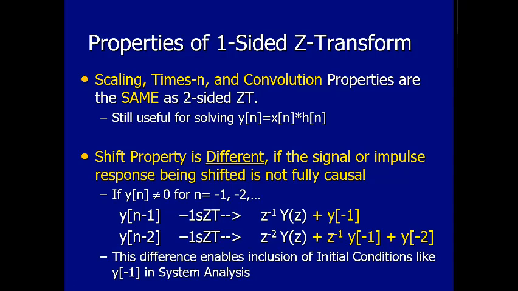Now, the good news for us is that if we apply this one-sided time shift property to our Z transforms, including when we transform the difference equation, we're going to end up with some extra terms that are dependent on previous output values, which are in fact the same thing as my initial condition values.